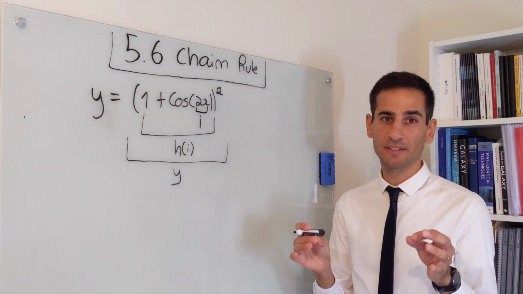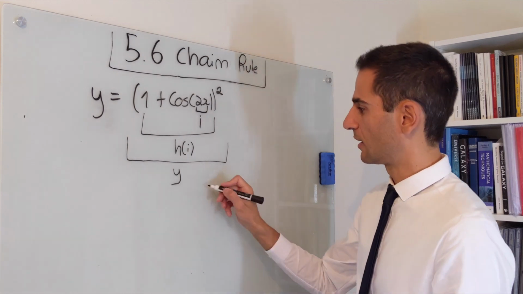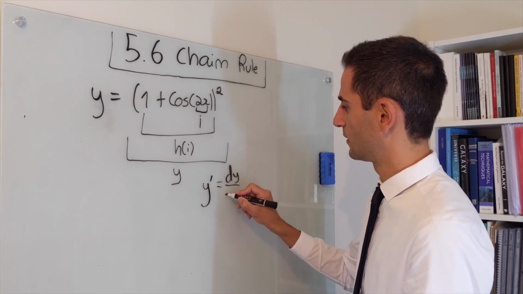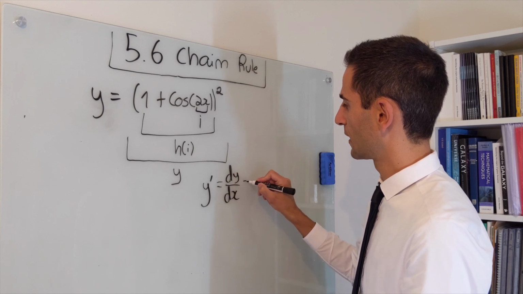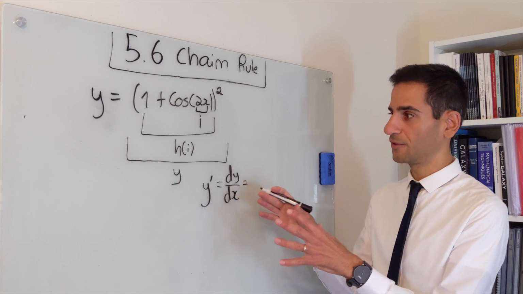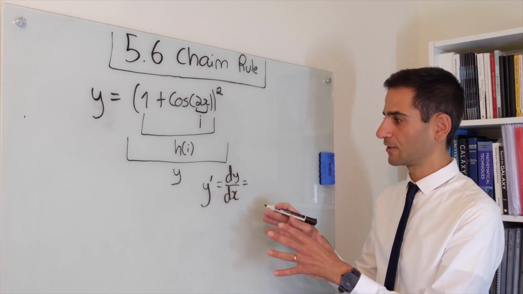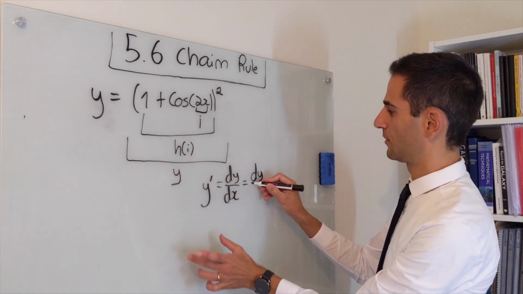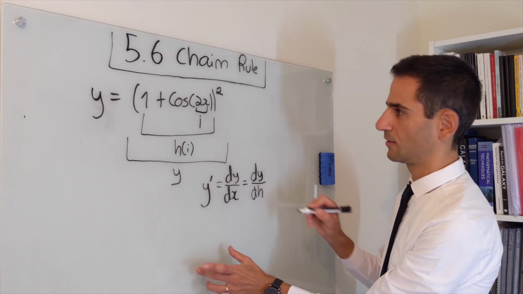If we use Leibniz notation, we can write that the derivative of y, dy/dx, is given by the product of a few derivatives. First of all, we want dy/dh.